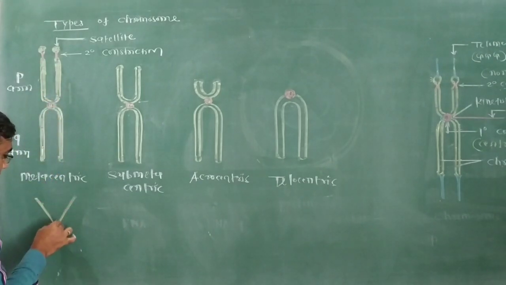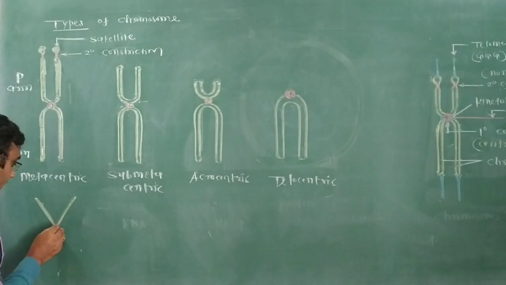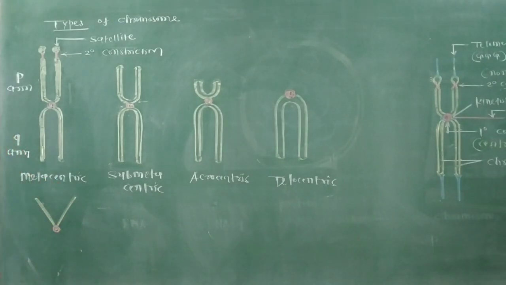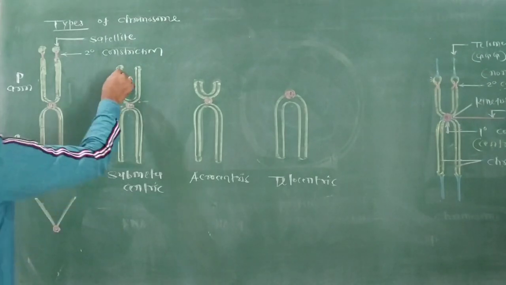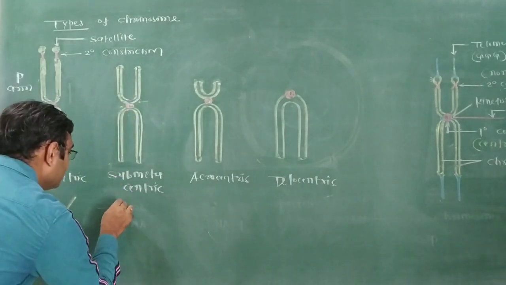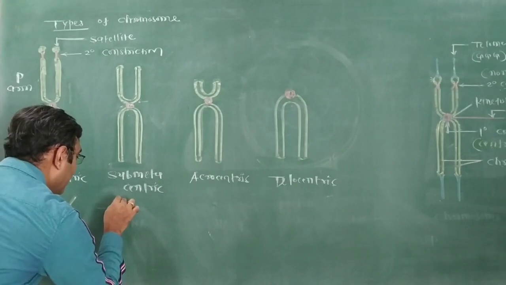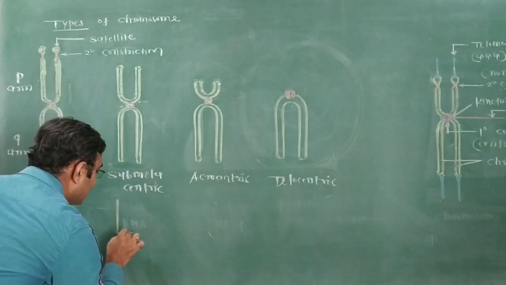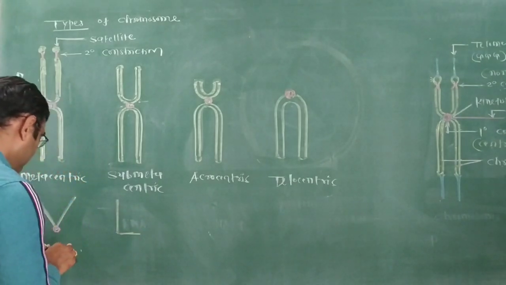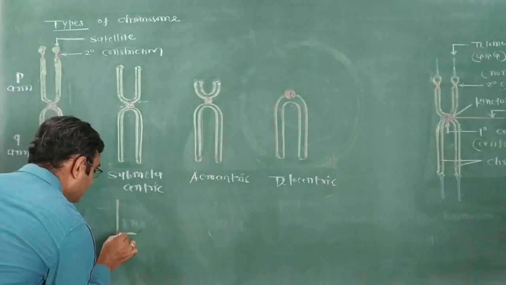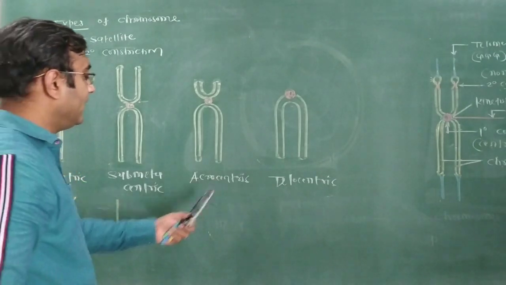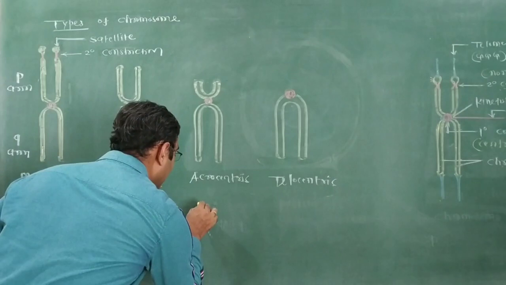So this looks like a V shape. A V-shaped chromosome is metacentric. With one short arm and another long arm, it appears L shaped. And acrocentric appears J shaped.